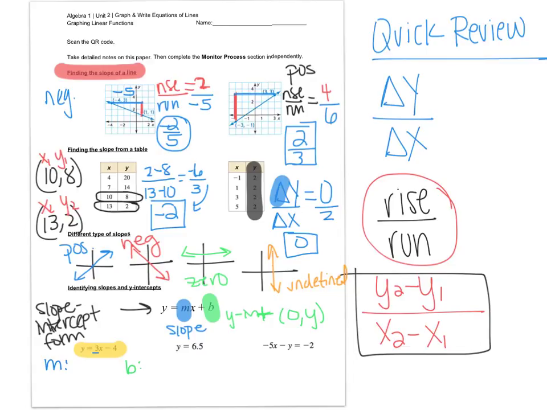So our constant rate of change, or our slope, is 3, or you could say 3 over 1. Our y-intercept is whatever follows x. In this case, it's minus 4. So you would say that your y-intercept in this problem is (0, -4), because that's where your graph intersects the y-axis, making x 0 and y negative 4.